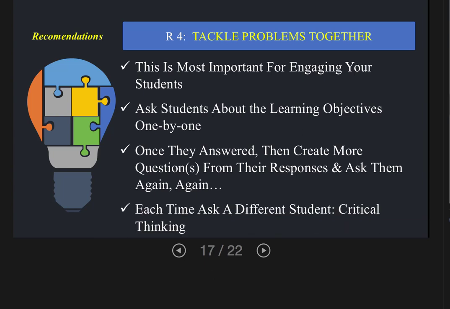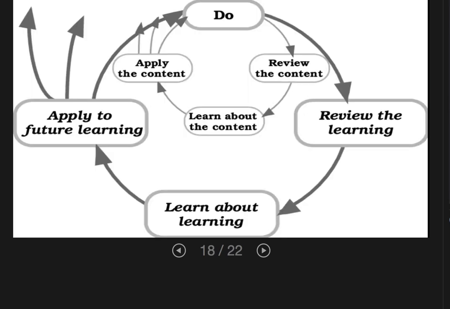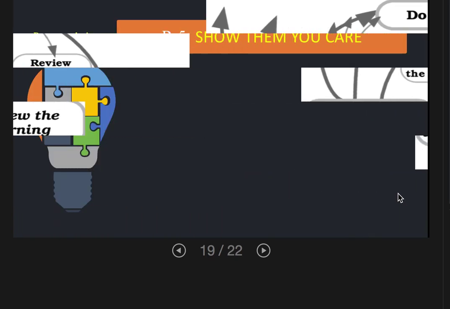When you're asking each person differently, at a different time, unexpectedly, that's going to make them very engaged. So do apply content, review the content, and learn about the content. This is the circle. Apply to the future learning, do it, review the learning, learn about the learning, and apply again and again and again. So this is how it is interesting.